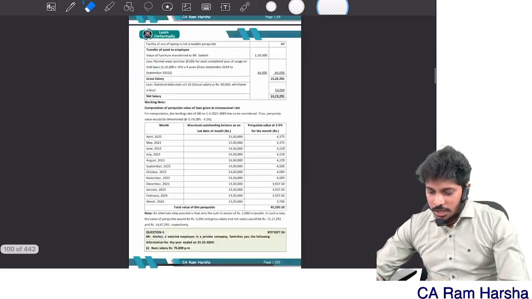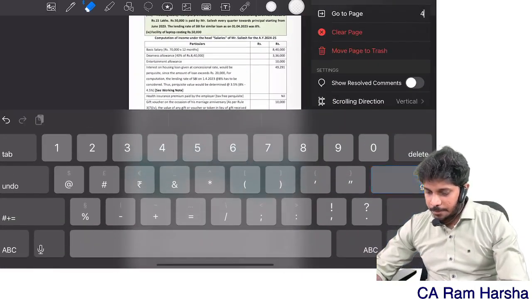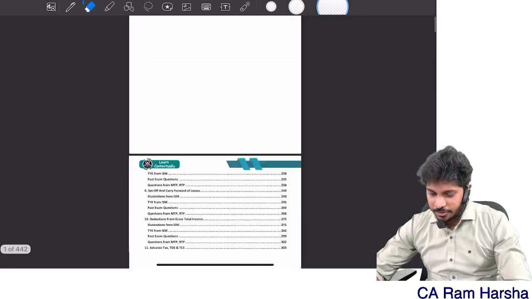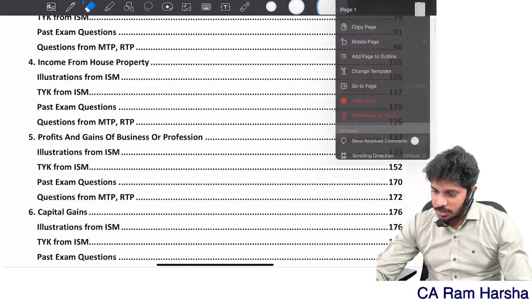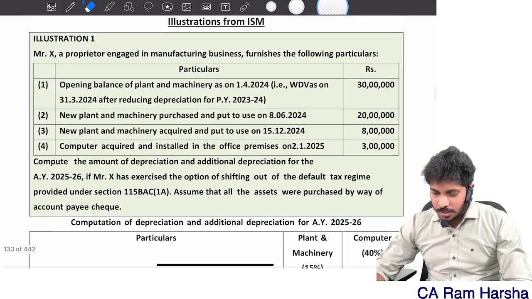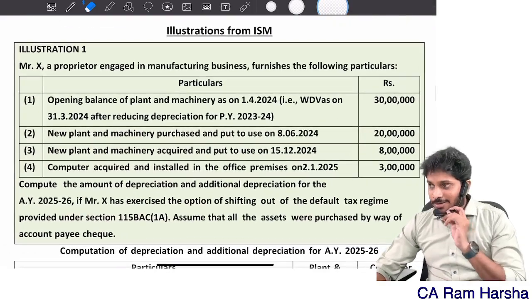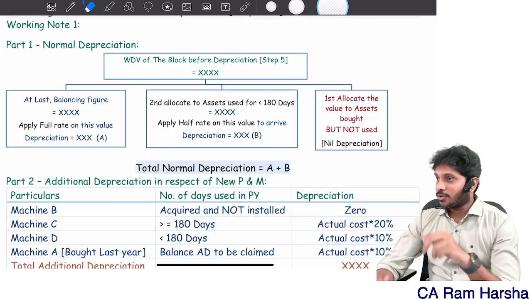In our question bank, we have questions directly from income from PGBP, page 133. The first problem itself is on depreciation. So from now, depreciation problems also we are going to solve.